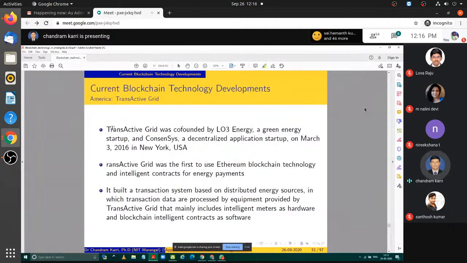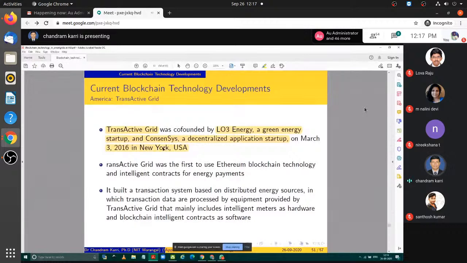So I have found some information relevant to the latest technology, like this blockchain technology application to the grid. This is one company, Transactive Grid, which was co-founded by these three players: LO3 Energy, Grid Singularity, and ConsenSys. These are all startups. The first startup related to blockchain technology, Transactive Grid, in the year 2016. So we already discussed some architectures of blockchain technology.